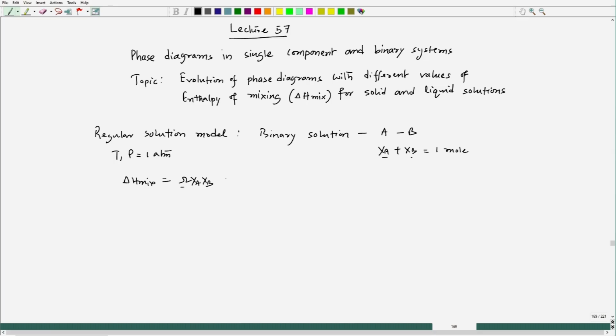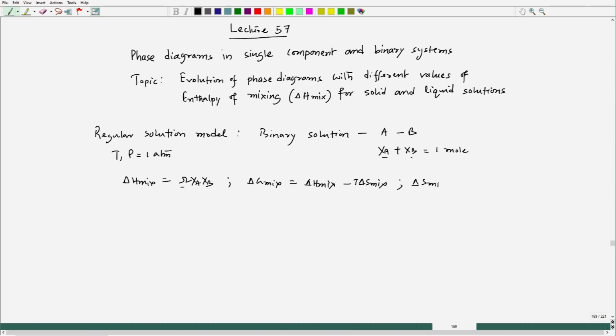It is related to the difference in bond energies, and when we consider solid solution, everything would be for solid solution, so you write S, and when it is liquid solution, everything would be liquid, even the compositions are to be considered for the liquid. And del G mix is nothing but delta H mix minus T del S mix.